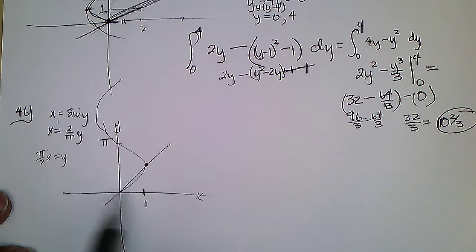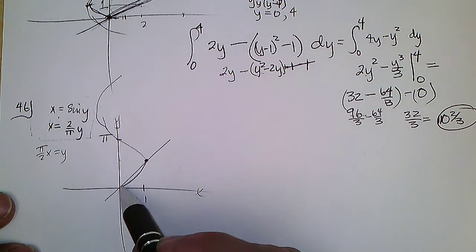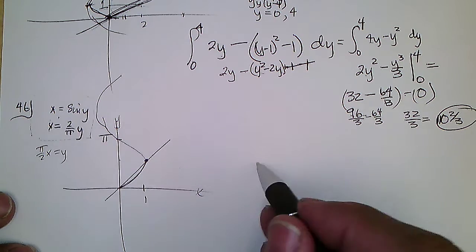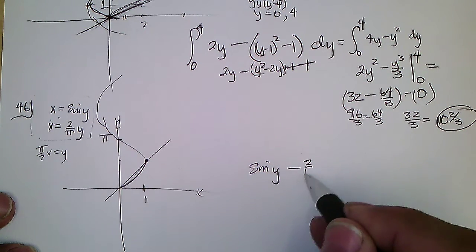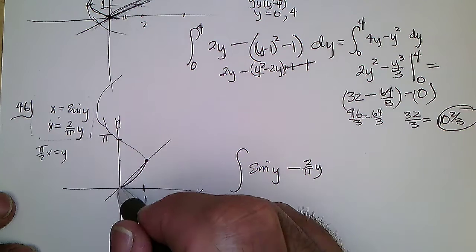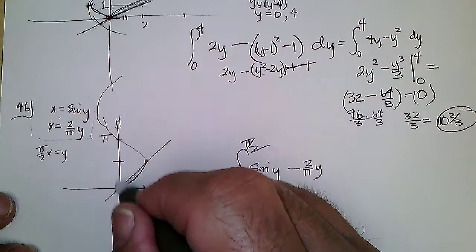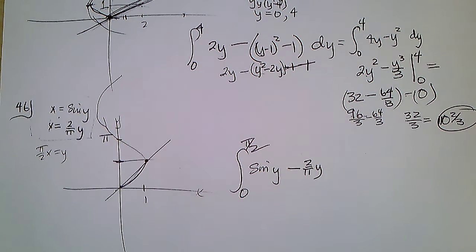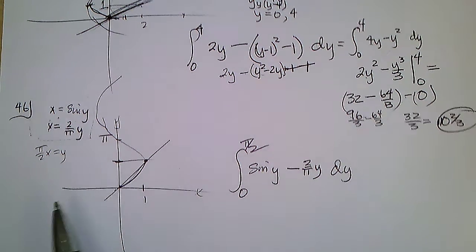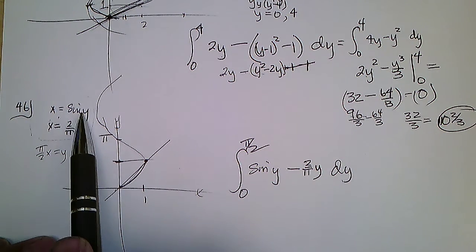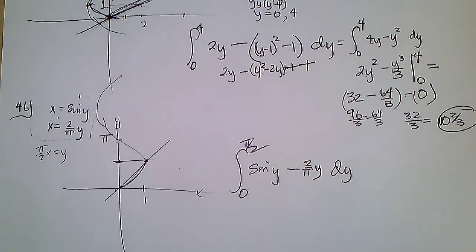And so if we go sideways, like this is kind of indicating, because it's got x all for, the rightmost curve is the sine y minus the 2 over pi y integrated from 0 to pi over 2. That's where they're going to run into each other. I believe that's right. Sine of pi over 2 is 1, and 2 over pi times pi over 2 is 1. Yes.